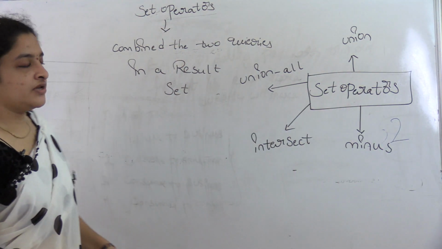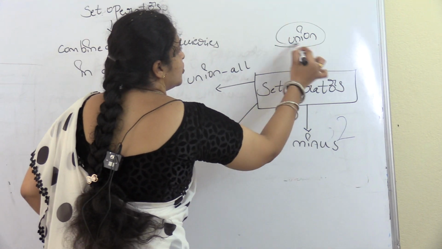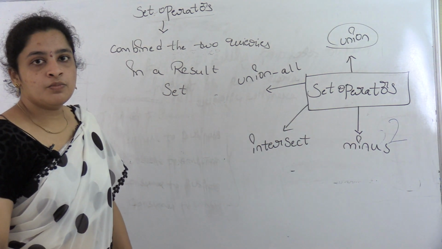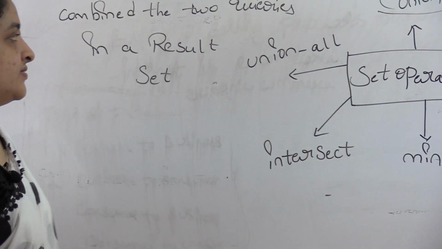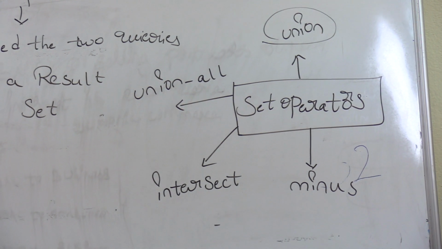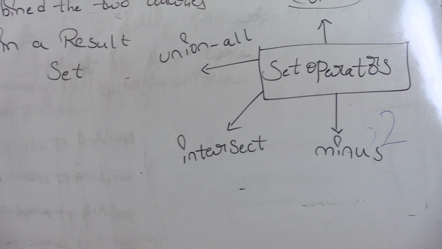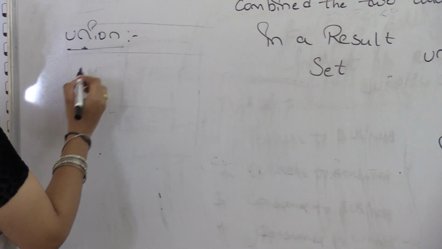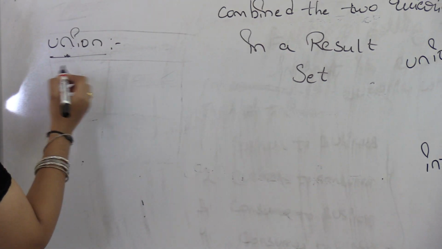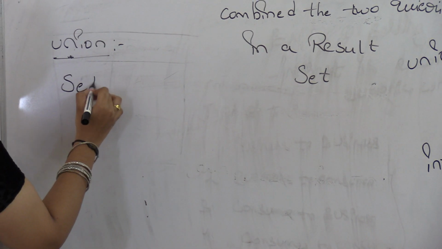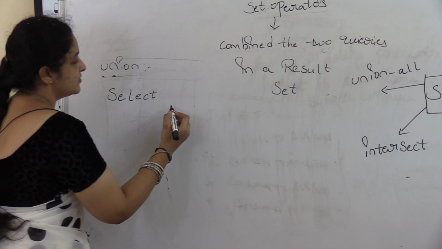First one, union. We know union combines both queries in a result. Let's see the example, syntax and the table. Union: we take two select statements.